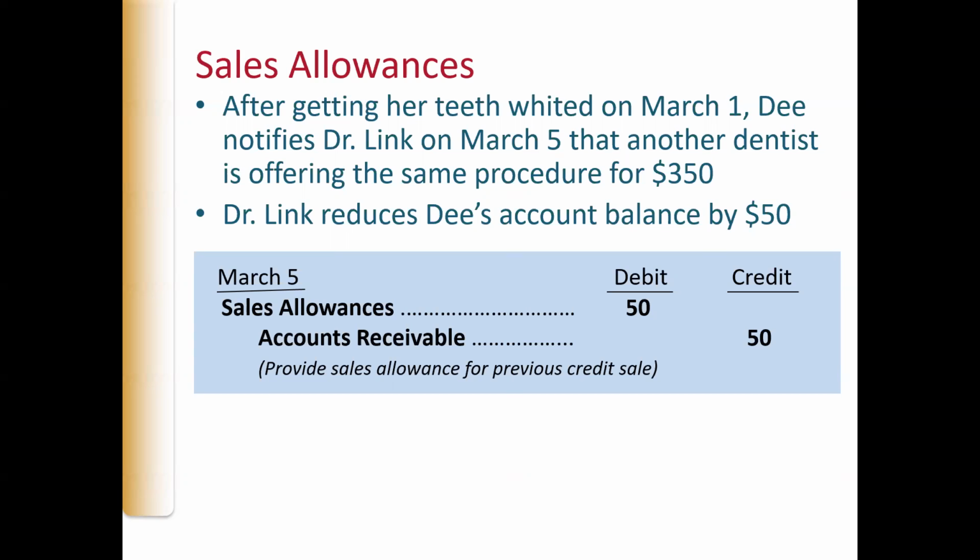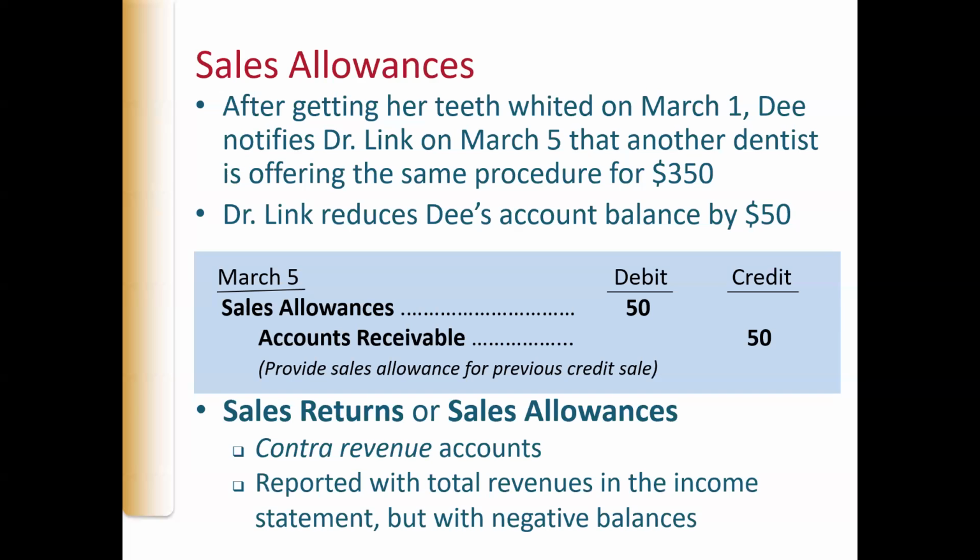She realizes she could have gotten it cheaper. Then on the books of Dr. Link, they will debit a sales allowance and credit accounts receivable. Now know that this sales allowance is considered a contra revenue account.